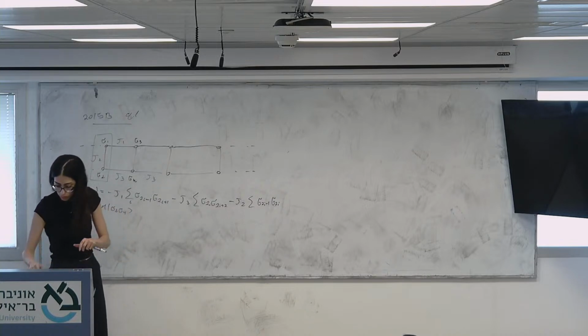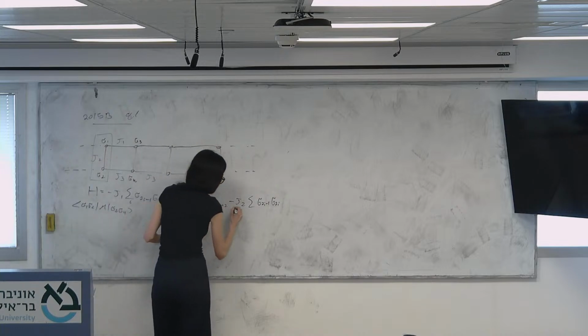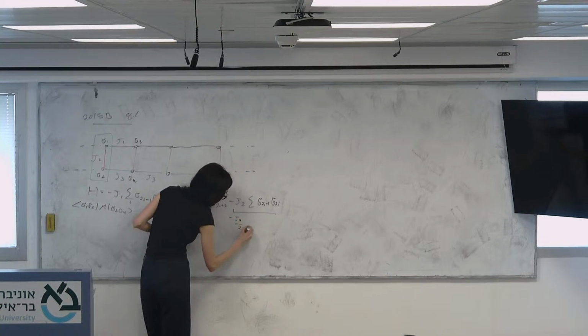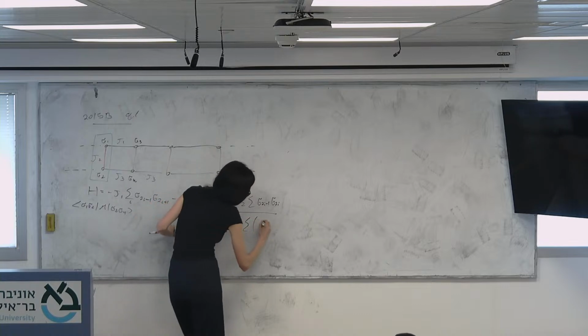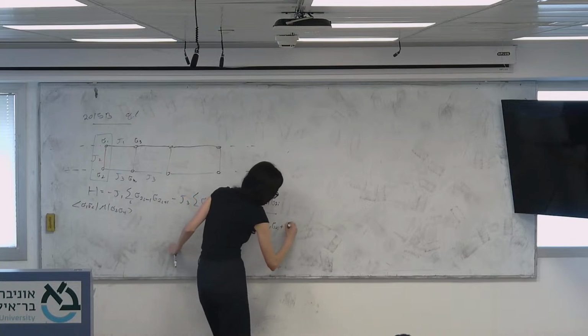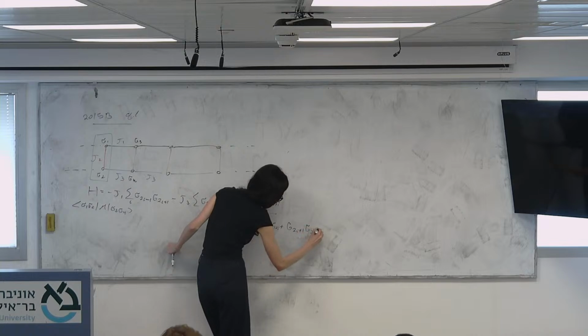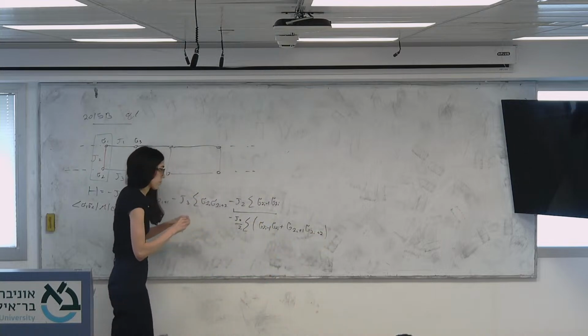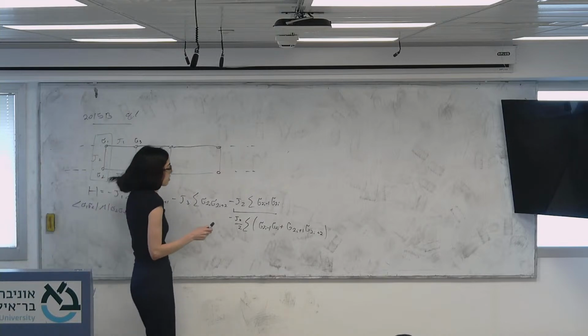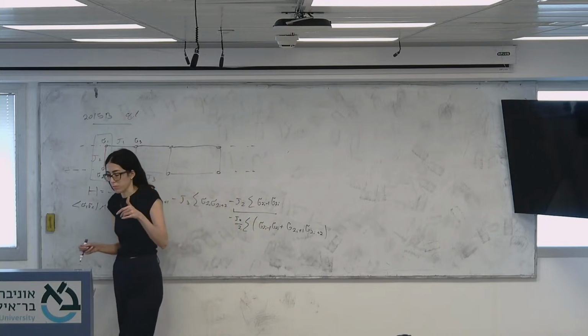We're going to rewrite it. This equals minus J2 over 2 times sigma 2i minus 1 sigma 2i plus sigma 2i plus 1 sigma 2i plus 2. This is the same concept as what we did with the magnetic field.